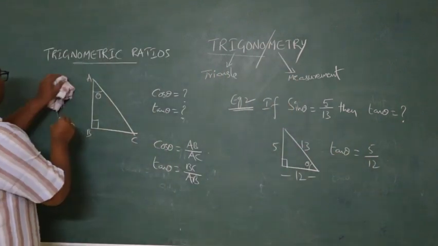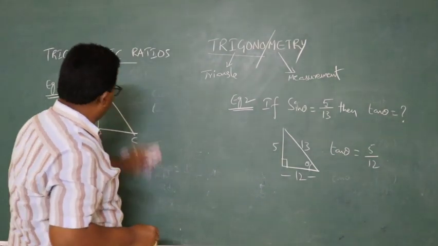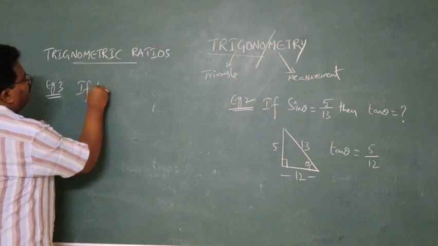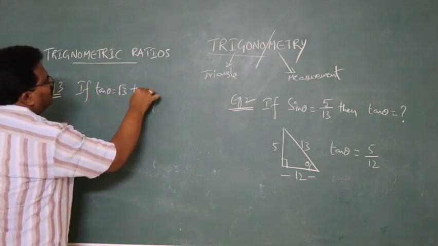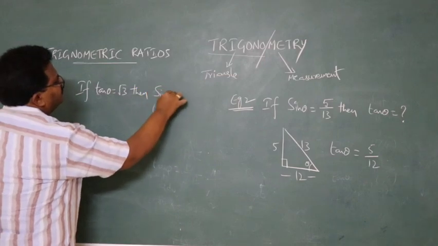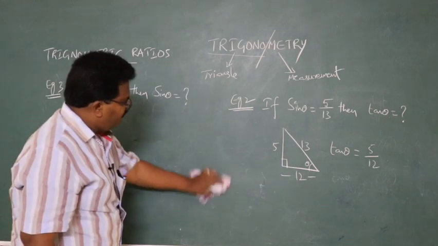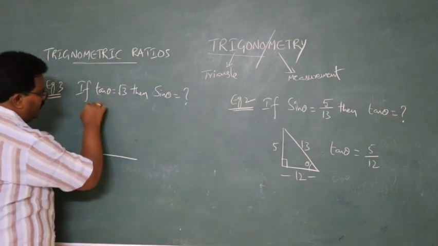Next, example 3. If tan theta is equal to root 3, then sin theta is equal to what? How to find this? We have to draw the right angle triangle.